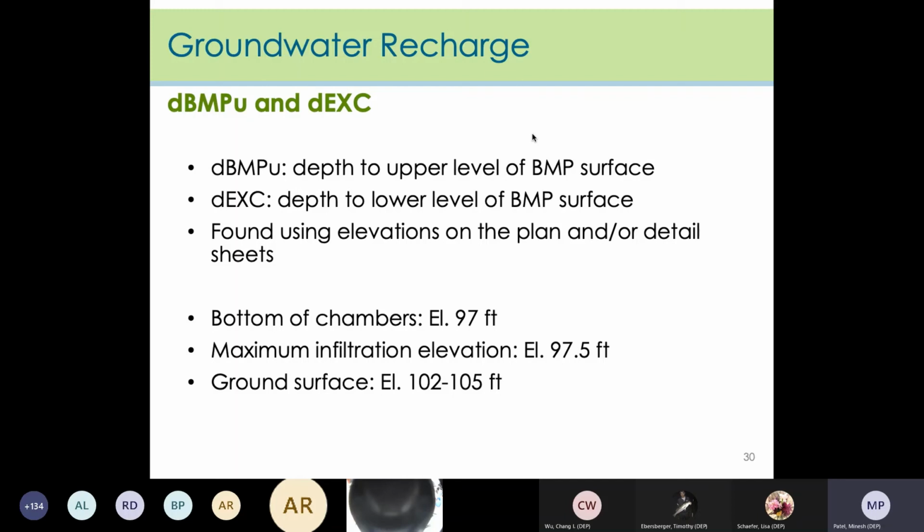So dBMPU is depth to the upper level of the BMP surface, and DEXC is the depth to the lower level of the BMP surface. So it's easier to do that when you are above ground, actually. When you're underground, it's going to become an inverse. So the dBMPU, when you're underground, it's going to be a much smaller number.